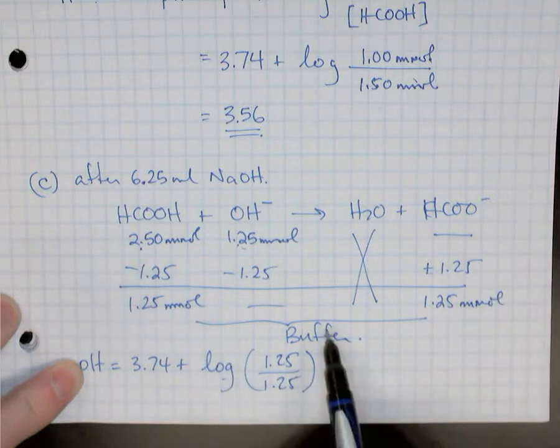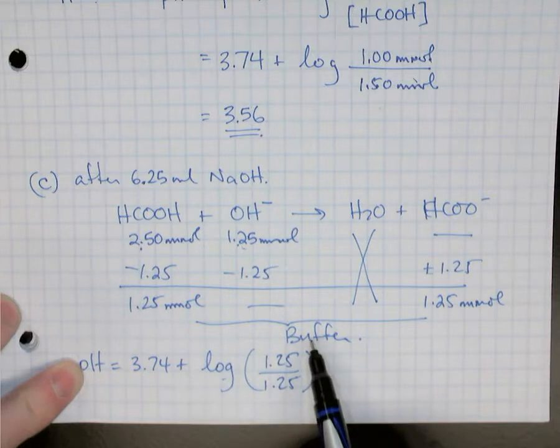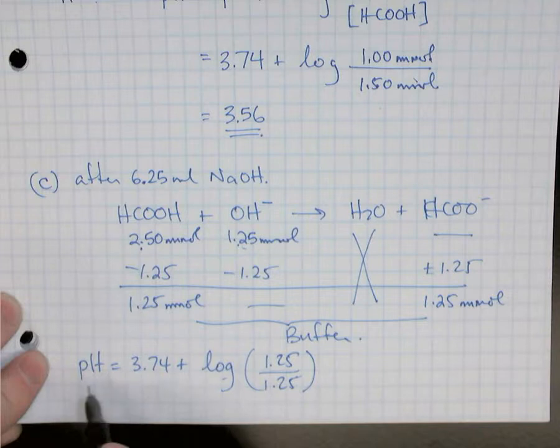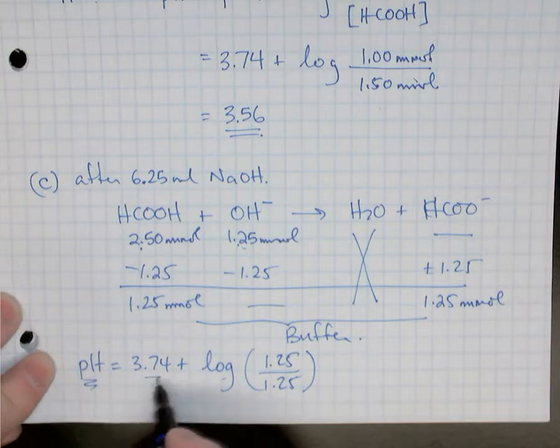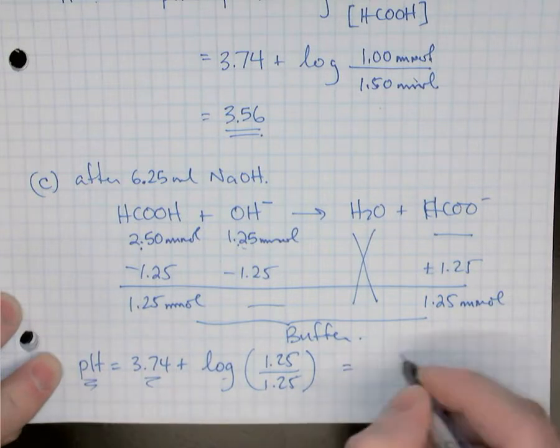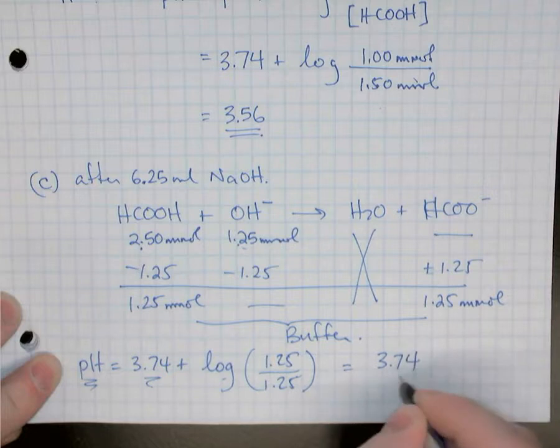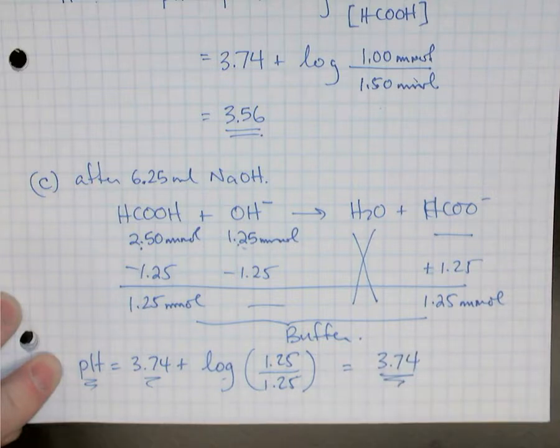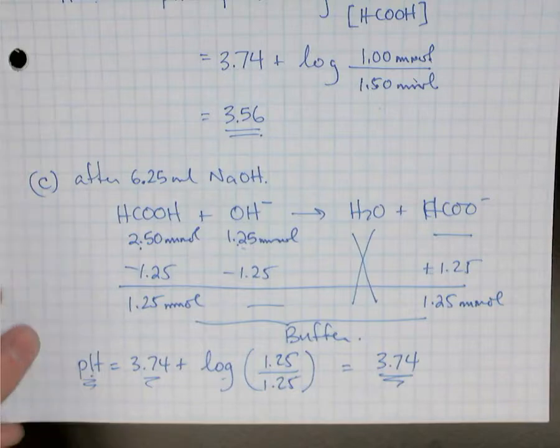0. So when you are halfway to the equivalence point in a weak acid strong base titration, your pH will equal your pKa value, 3.74. That's very important to note. So because we're halfway to the equivalence point, pH is equal to pKa, 3.74.